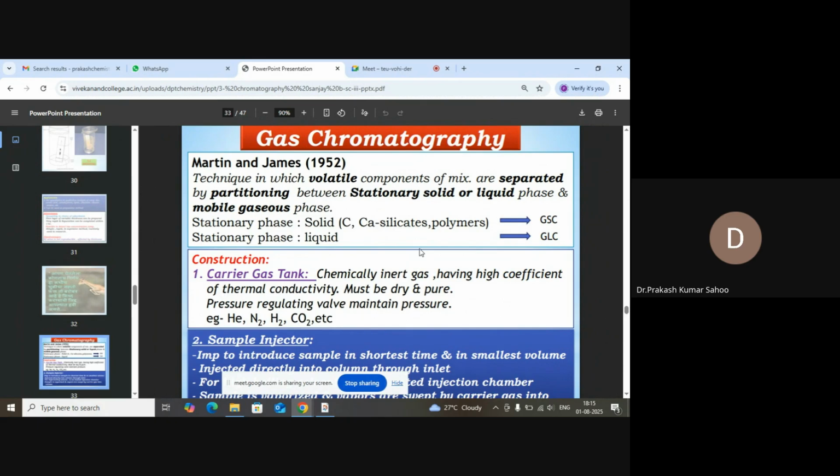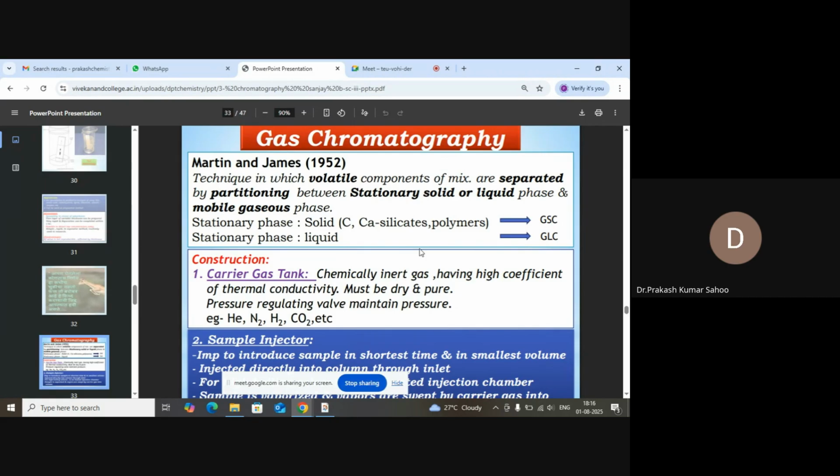According to the stationary phase used, gas chromatography is primarily divided into two types, gas solid chromatography and gas liquid chromatography. In gas solid chromatography, we have the solid as the stationary phase, generally carbon or calcium silicates or polymers, which are used as the stationary phase for GSC.